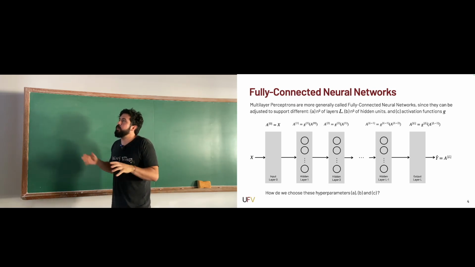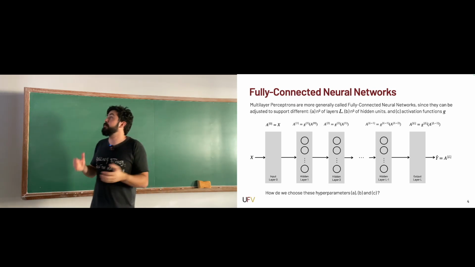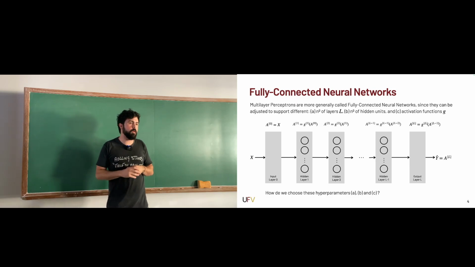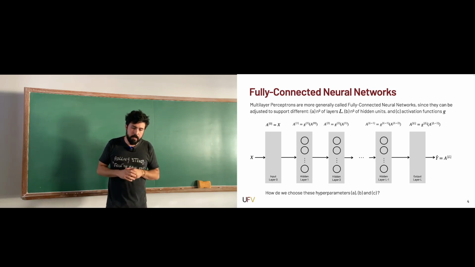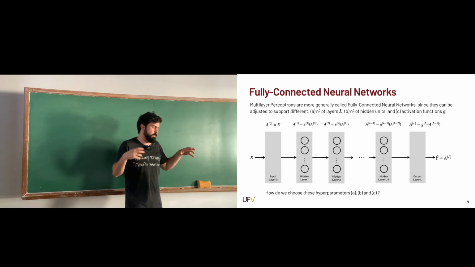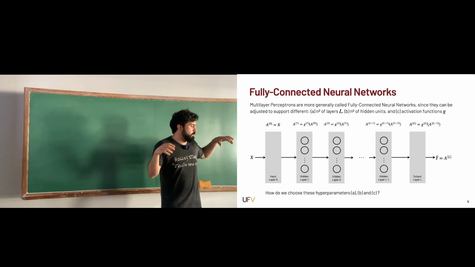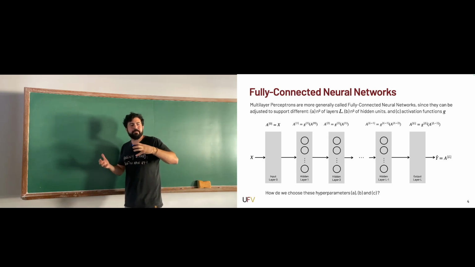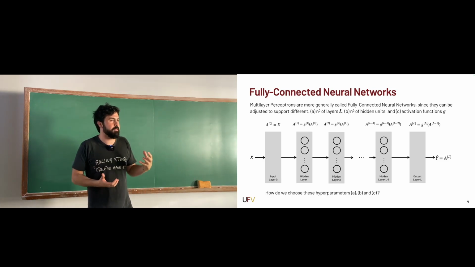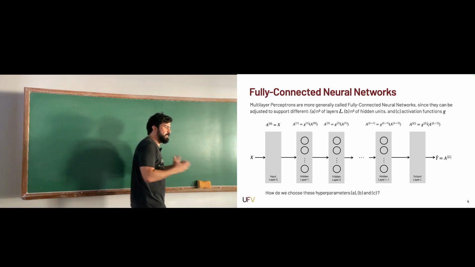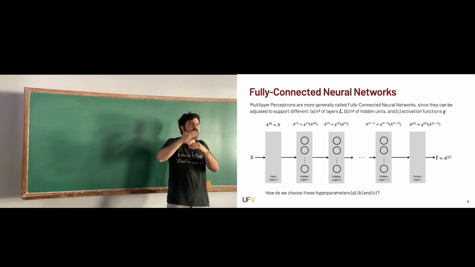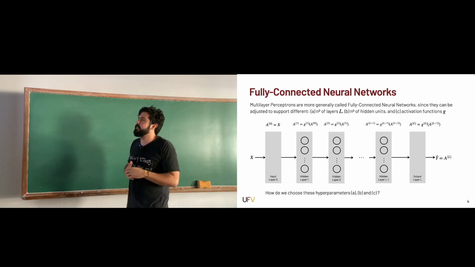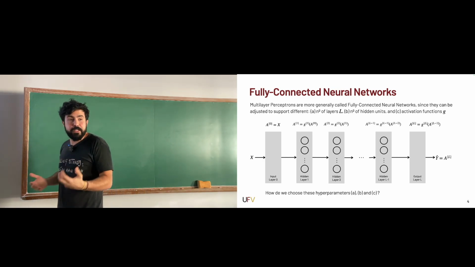But right now, the term fully connected neural network is more common. Mainly because, I guess, multi-layer perceptron is not actually made out of perceptrons, right? Because the perceptron itself has a threshold activation function that is not differentiable.